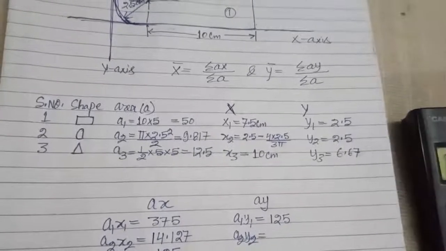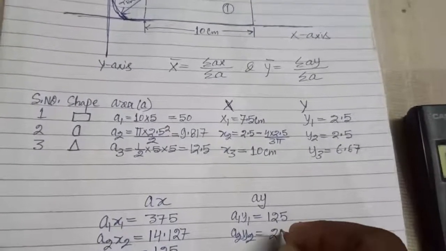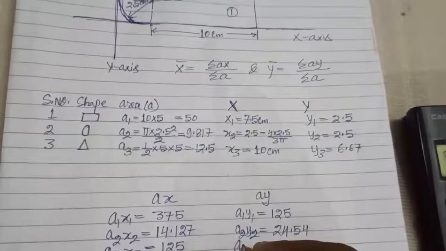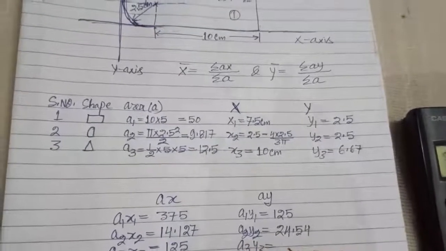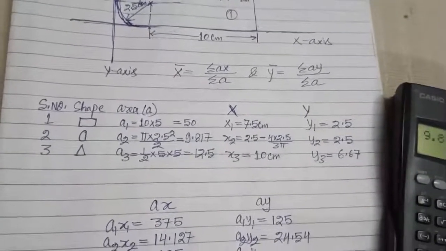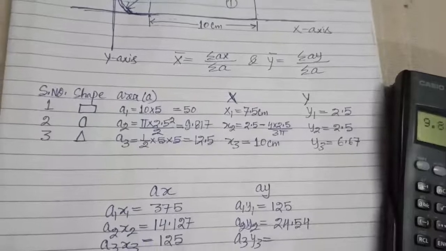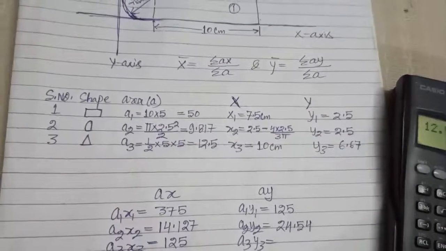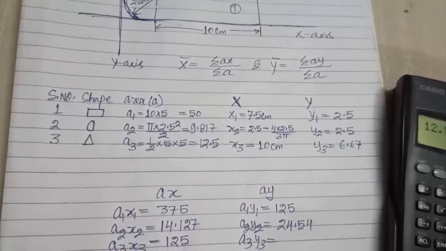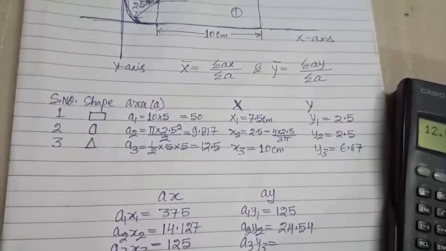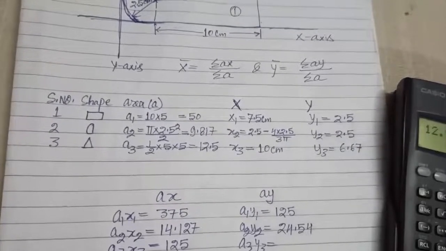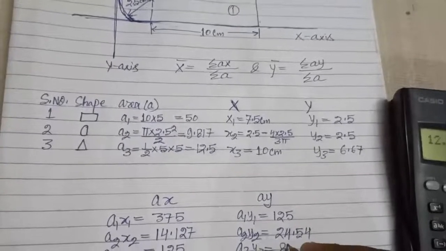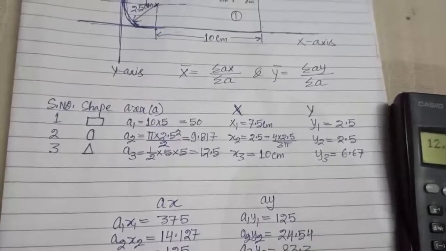This is 24.54, and A3y3 is 12.5 into 6.67. This is equal to 83.375.